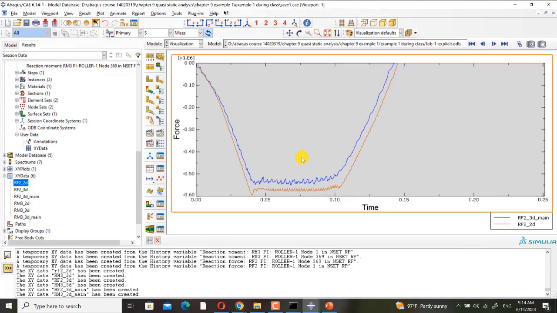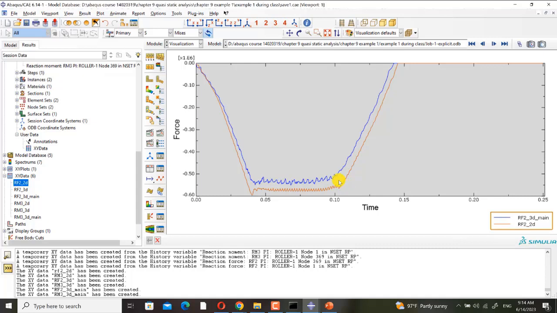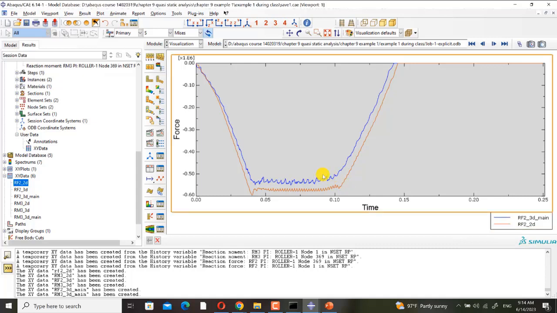Which one is correct? The 3D one is correct, because we have accounted for the effects in the thickness direction.